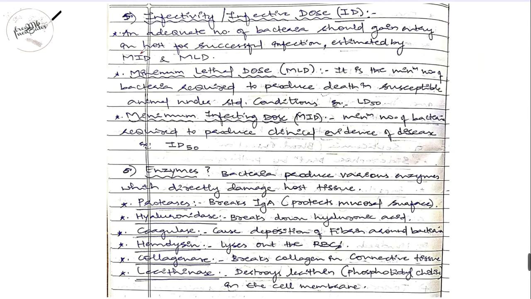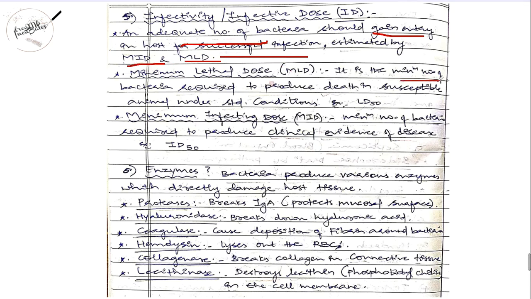Infective dose: an adequate number of bacteria should gain entry into the host to cause successful infection, which is estimated by minimum infecting dose or minimum lethal dose. What is MLD?